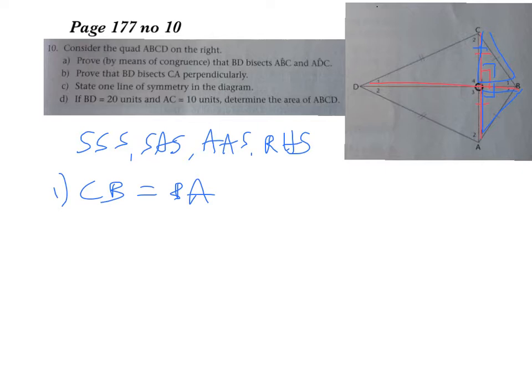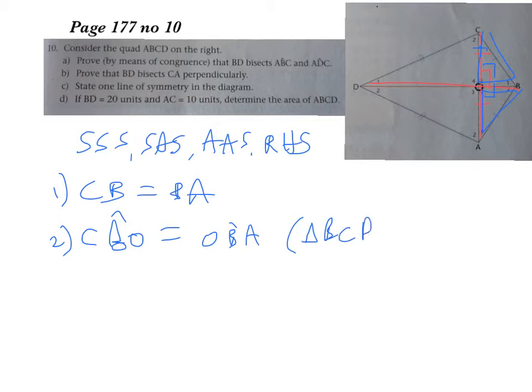I know from my first question that angle CBO is equal to angle OBA, and this is because triangle BCD is congruent to triangle BAD, which I proved in the last question.